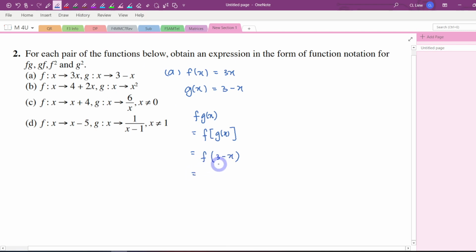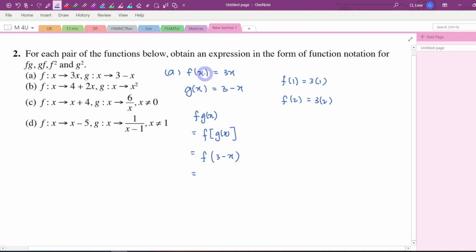Now, for the next step, you need to be more careful. Given by the questions, f of x is equal to 3x. So if inside the parentheses you see 1, I'm going to write 3 times 1. For example, f of 1 is equal to 3 times 1, f of 2 is equal to 3 times 2, and so on.